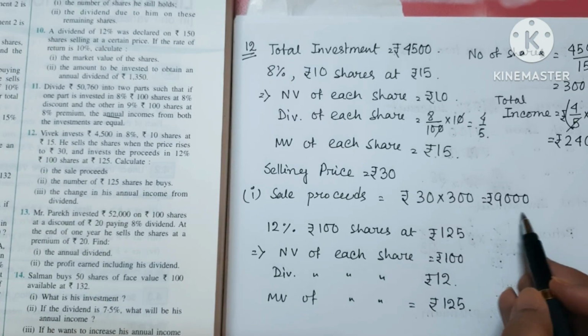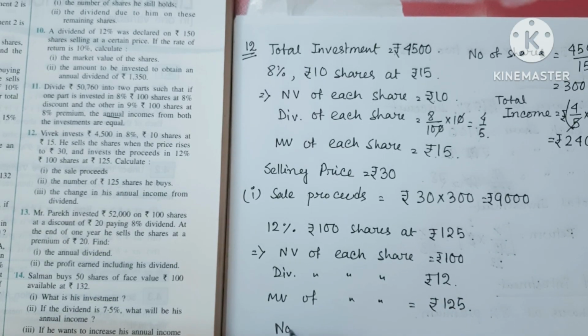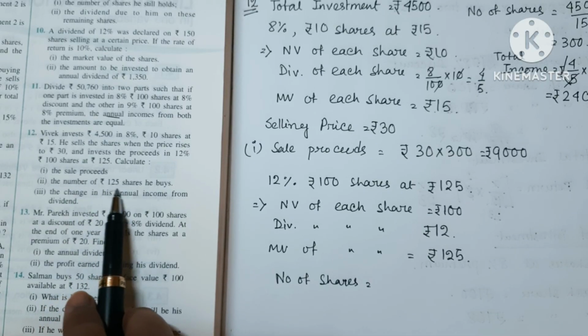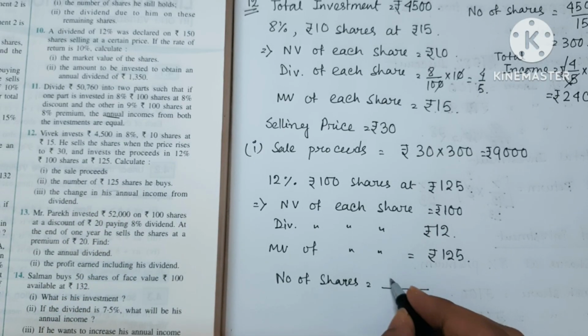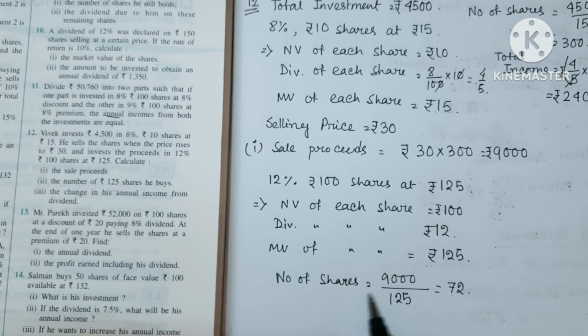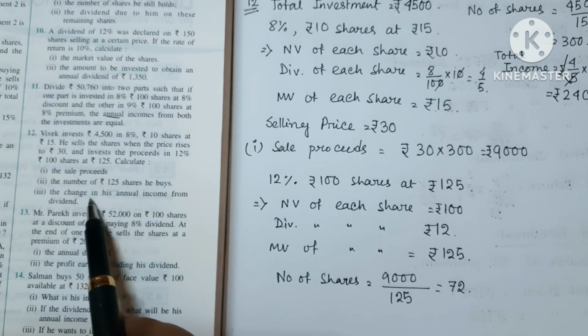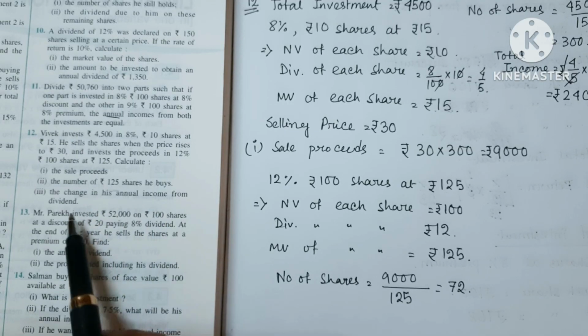Total investment is this one. So number of shares is 9000 by 125, that is 72. In this investment, number of shares is 72. Now income, change in his annual income from dividend.